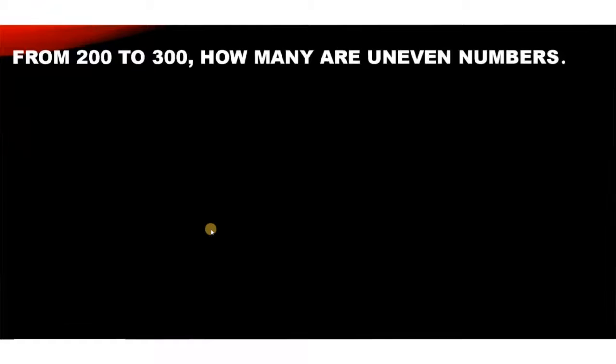Next question. From 200 to 300, how many uneven numbers are there? So now we know the first number. So this is 200, 201, 202, 203, dot, dot, dot, dot. It goes up to 500. What they are asking? Uneven number.